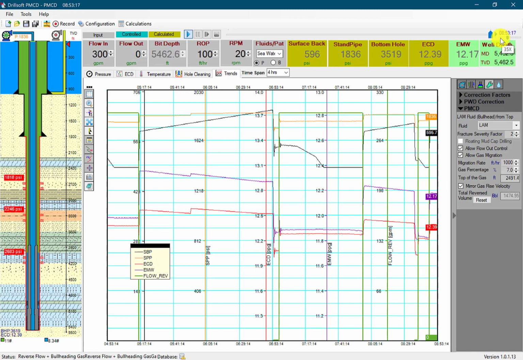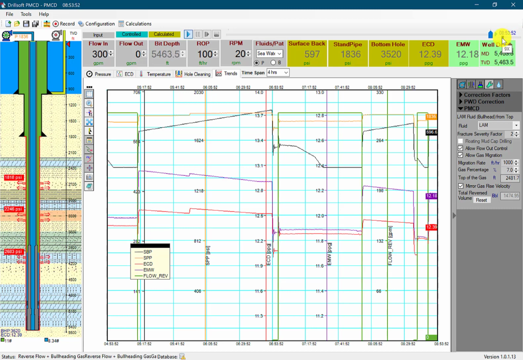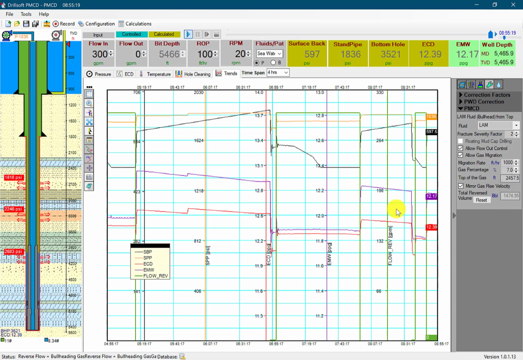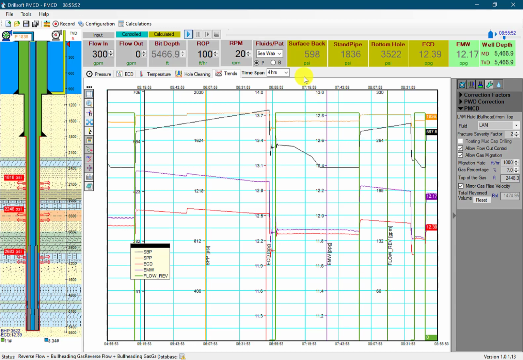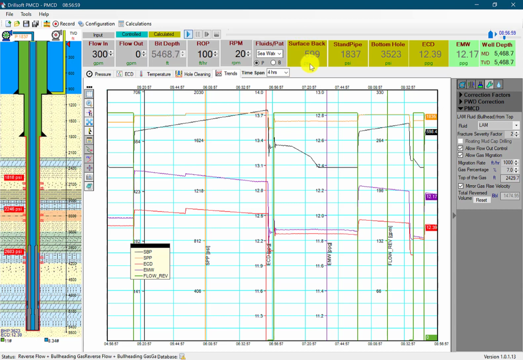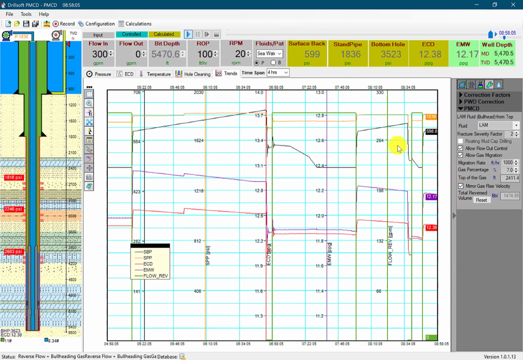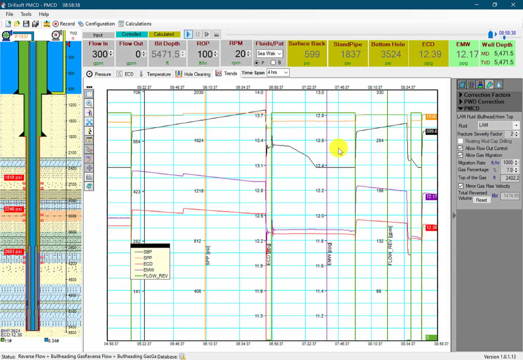Slow the simulation down, get better control. The surface back pressure is a good indicator of where the gas is inside of the well and how fast it's migrating.